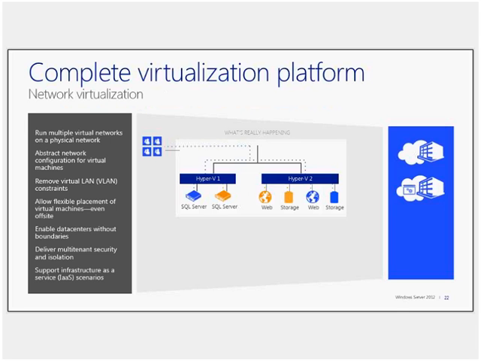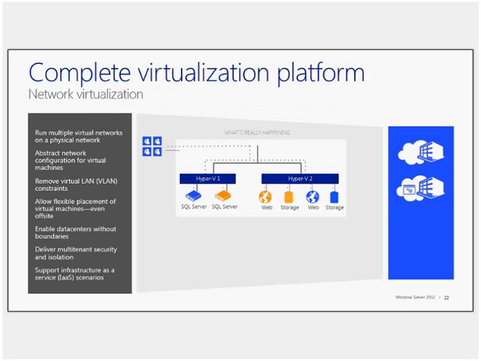So when we look at configuration of virtual machines, VLANs do have some constraints, as we know. There are things that hold us up and limit us on what we can do with VLAN tags. The complete virtualization platform with network virtualization now gets away from having to use VLAN tags all the time.